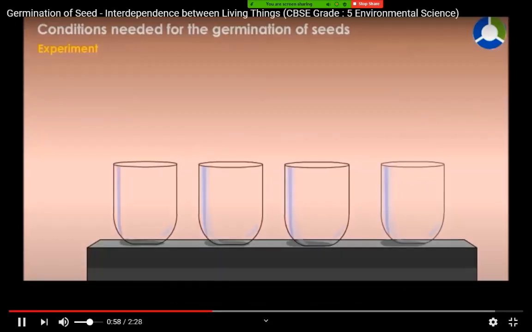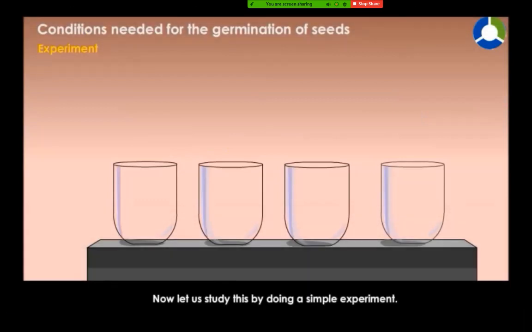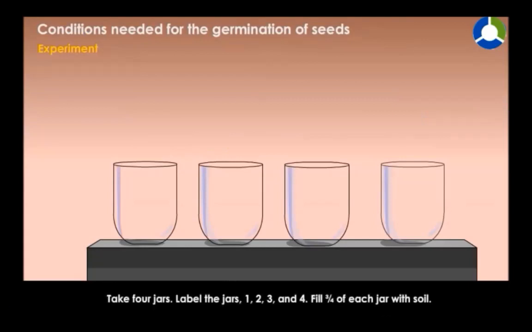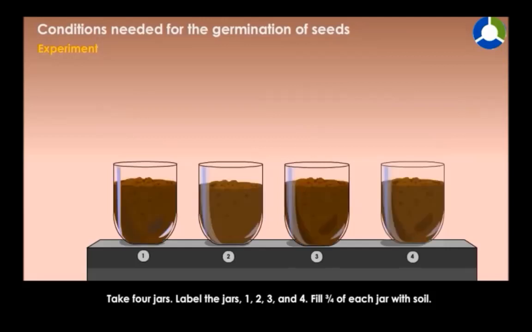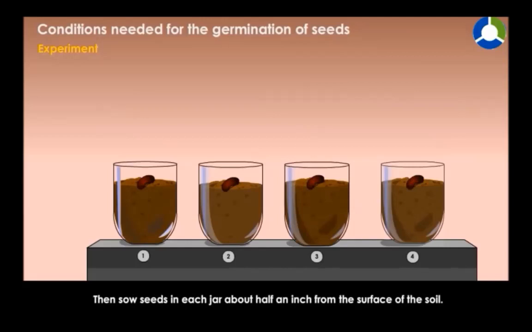Conditions needed for the germination of seeds. Now, let us study this by doing a simple experiment. Take 4 jars, label the jars 1, 2, 3 and 4. Fill 3/4 of each jar with soil. Then sow seeds in each jar about half an inch from the surface of the soil.